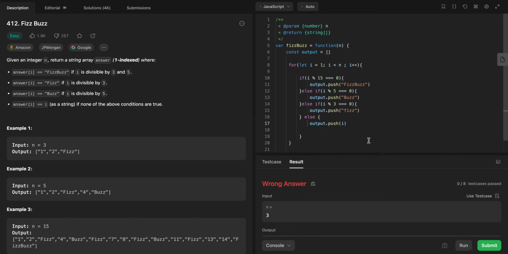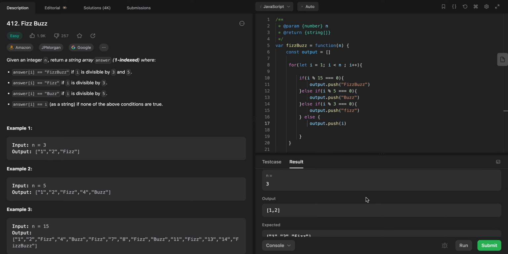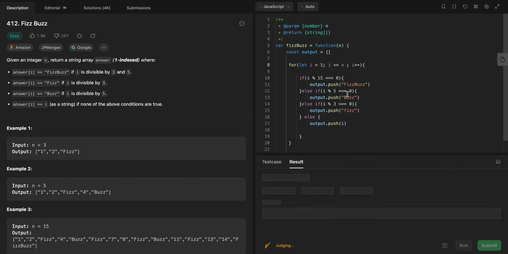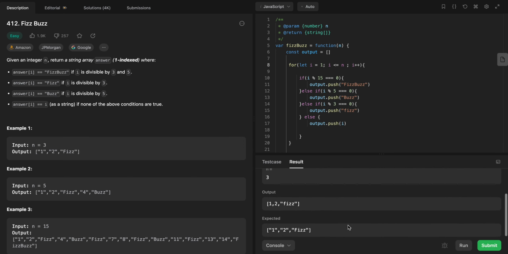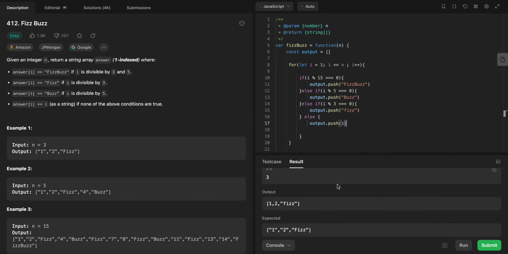Submit. Oh, wrong answer. Why is it wrong? We have let i equal 1, i less than, I guess, less than or equal. Yeah. Wrong answer, still wrong answer. Why?